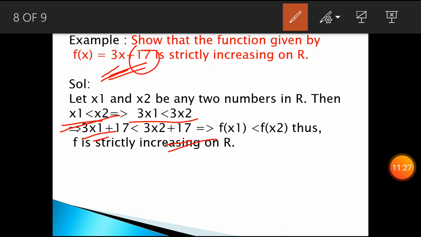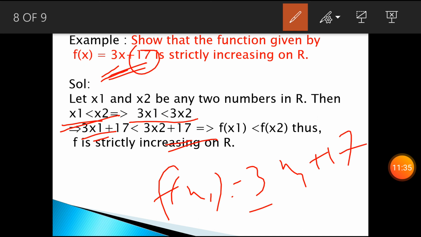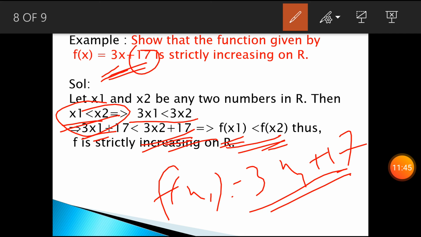Again it is not going to affect the inequality. So 3x1 plus 17 can also be written as f(x1) and this can be written as f(x2). So we took the condition x1 less than x2 and we got f(x1) less than f(x2). So this satisfies the condition of strictly increasing. So it is shown that f is strictly increasing on R.